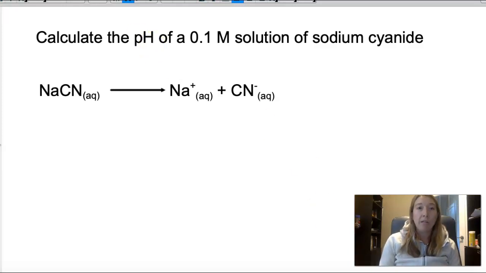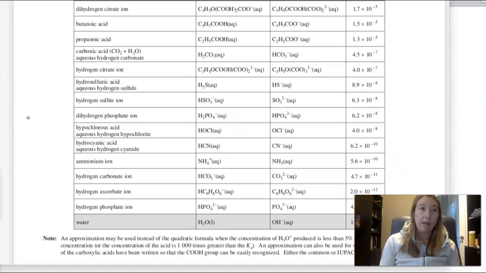But what I do find is the cyanide, or the CN minus, is found in the base column, right? I want to say it's somewhere down here. Yeah, right down here. There's that CN minus. So that's how I'm going to decide which of the two ions I actually care about.